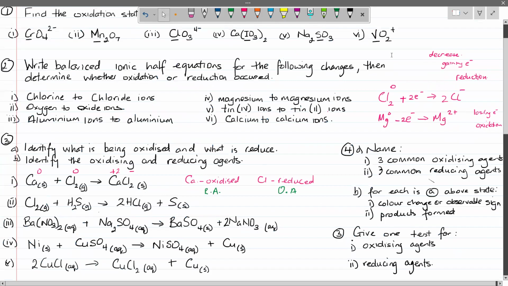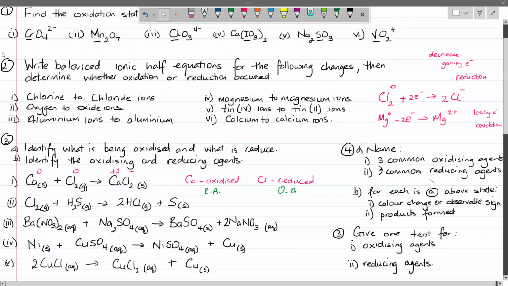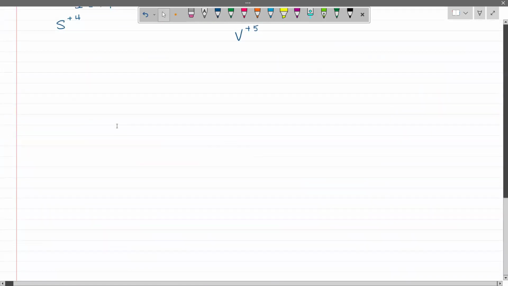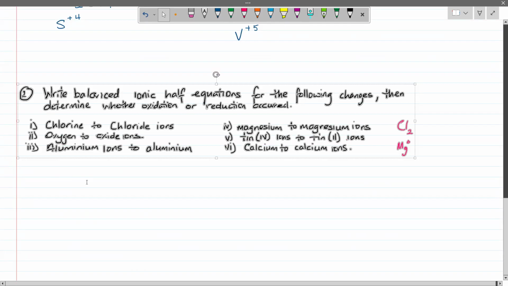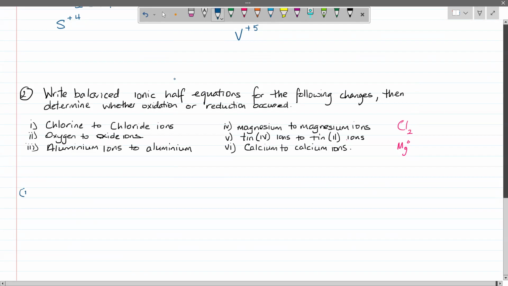Next, we needed to write balanced half equations. Let's take a grab at this one. Right, so we're going from chlorine, Cl2, to chloride ions.